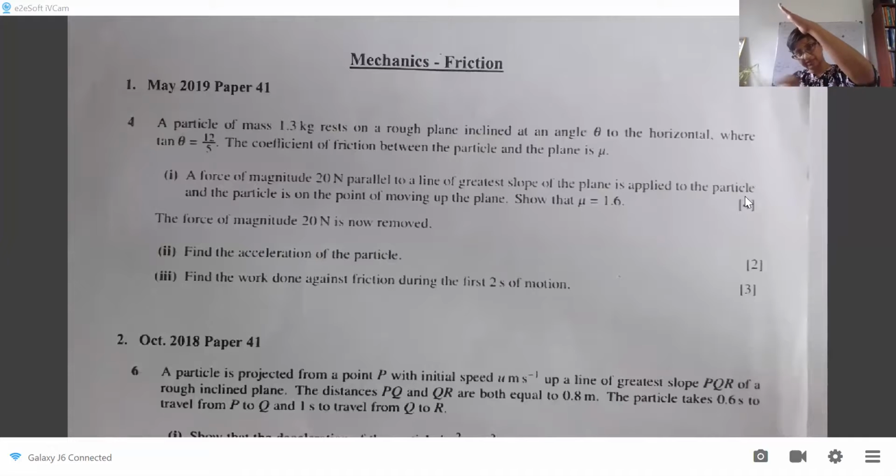So this angle is given as theta, where tan theta is 12 upon 5.